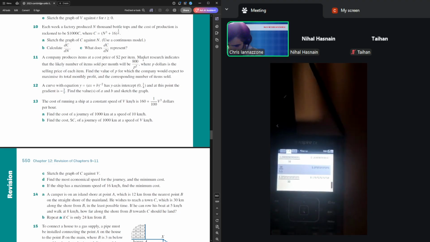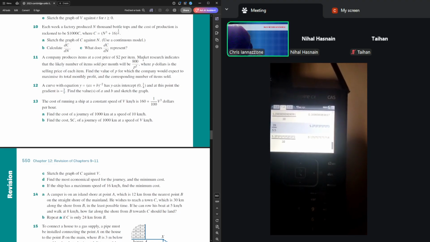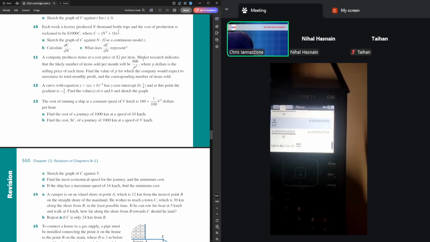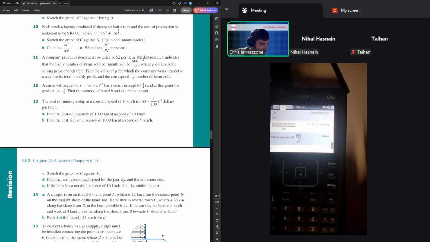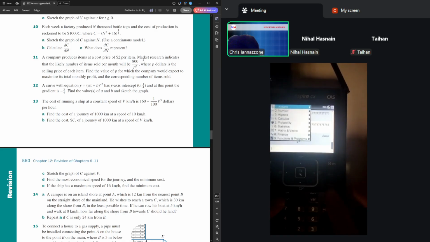So let's have a look. Defining our function, x times 800 on x squared. I want to find the value of P for which we get maximum total profit, so it's going to be an Fmax.